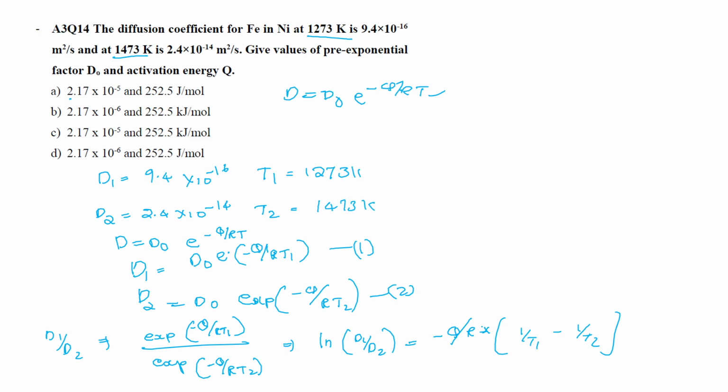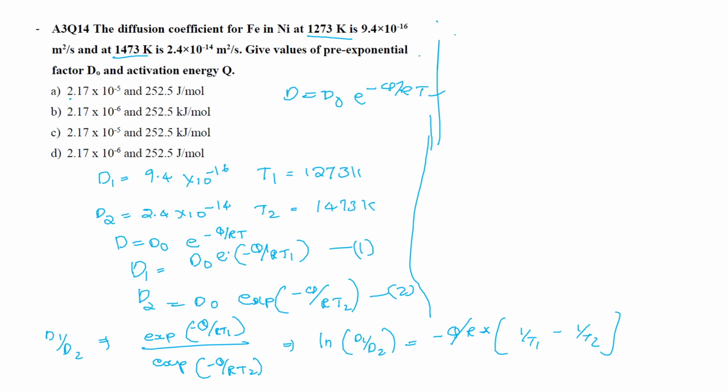Is it option C? Yeah. Actually, I'm getting 2.53. 2.53, how? Okay, I'll solve it here.